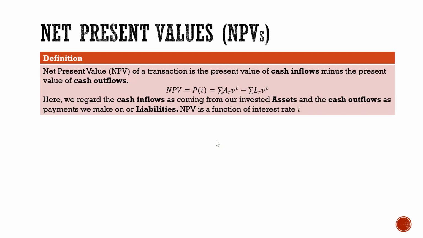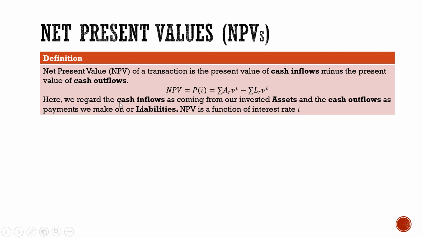So what is net present value? The net present value, NPV, of a transaction is the present value of cash inflows minus the present value of cash outflows. So NPV is the summation of A_t v^t minus the summation of L_t v^t.